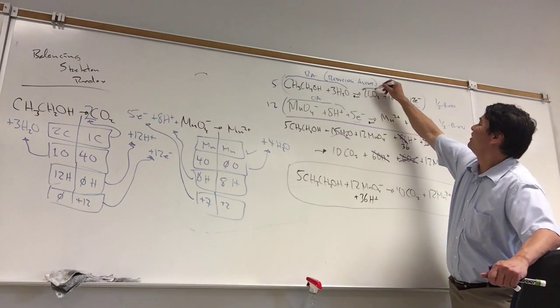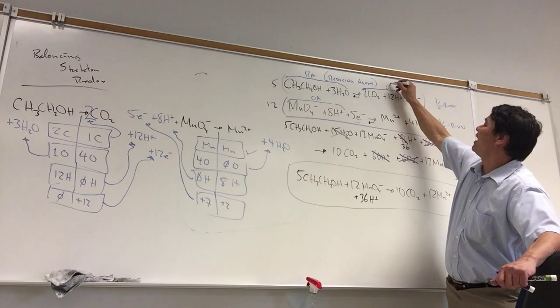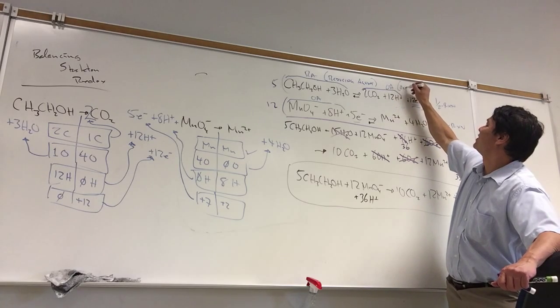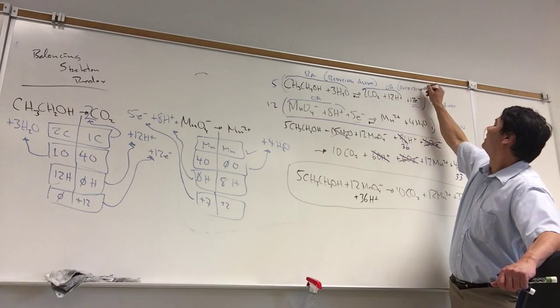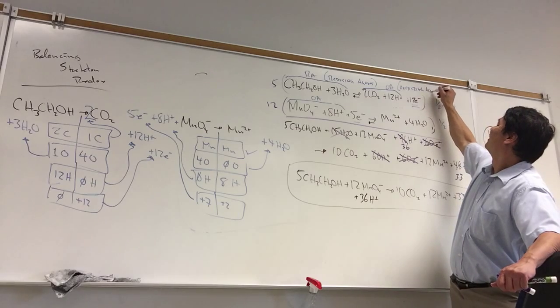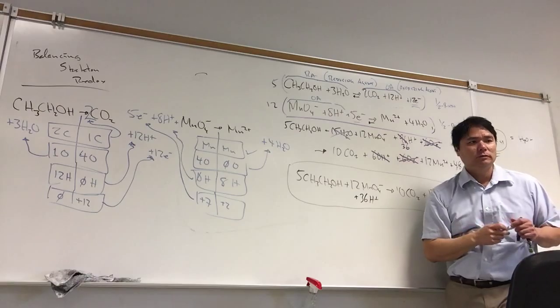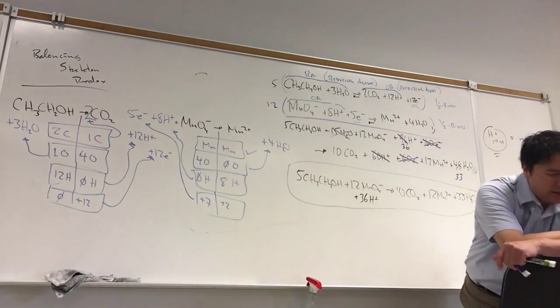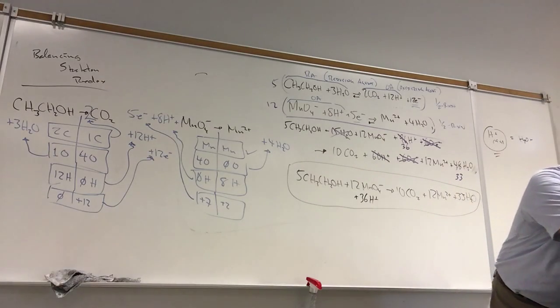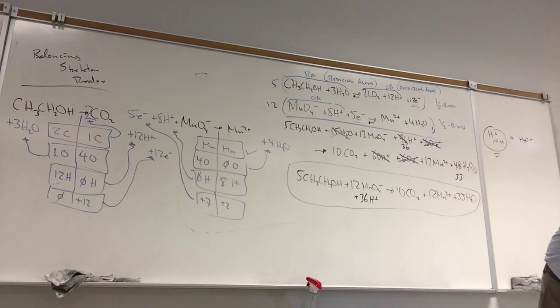And so what we call this is, we call these the OA. OA stands for oxidizing agent. What is the electron poor species there?